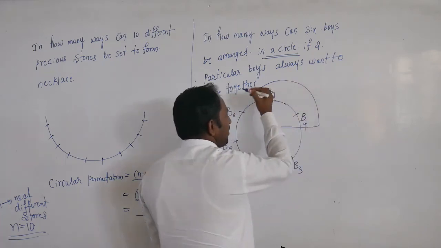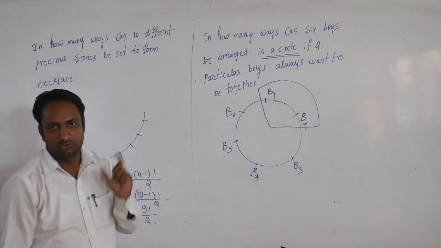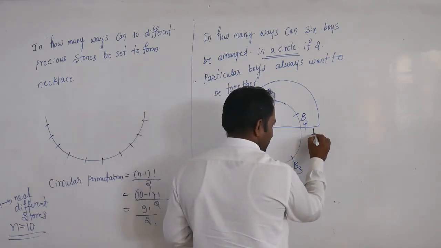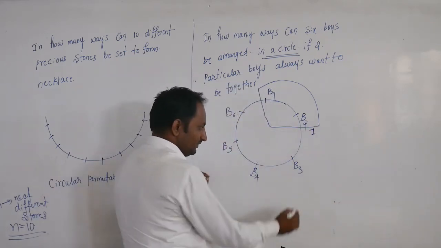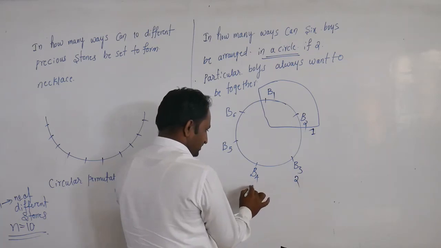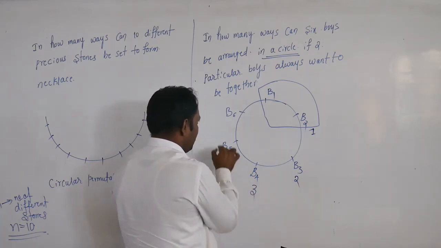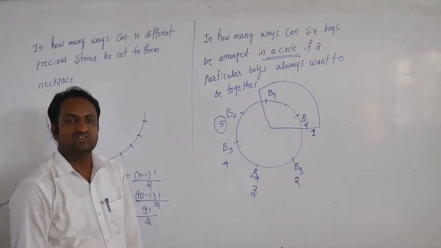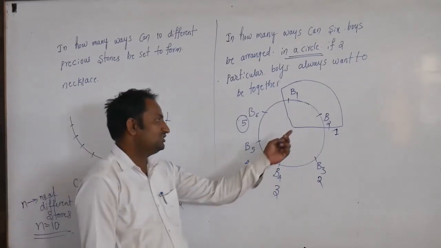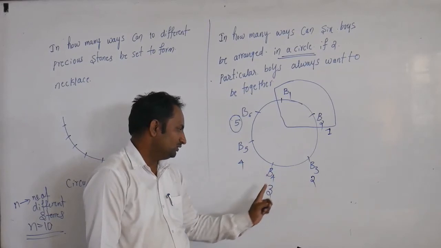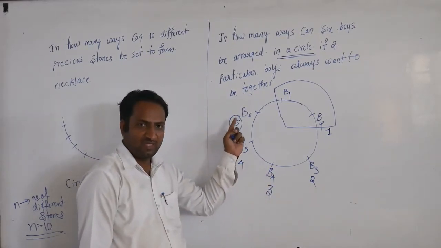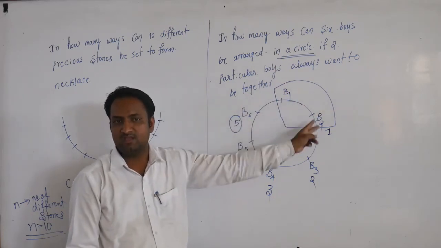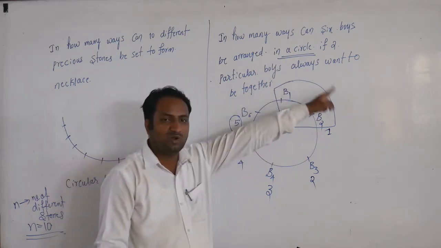Since these 2 always want to be together, we consider them as only one set, so the number of sets of boys is 1, 2, 3, 4 and 5.